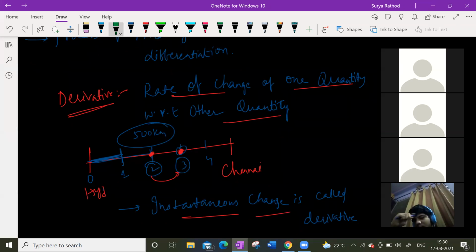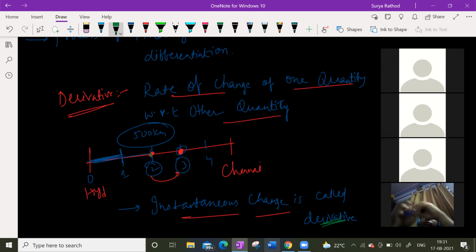We are talking about a particular instantaneous point. At that particular instantaneous point, what was your speed? That is called a derivative. Derivative means what? Rate of change of a quantity with respect to another quantity.